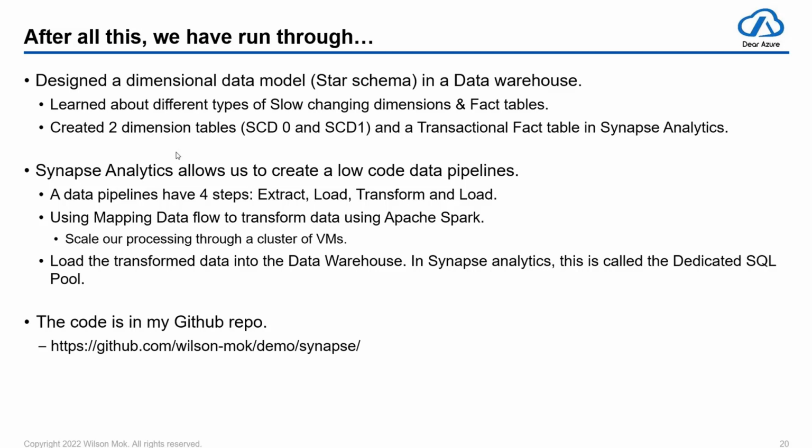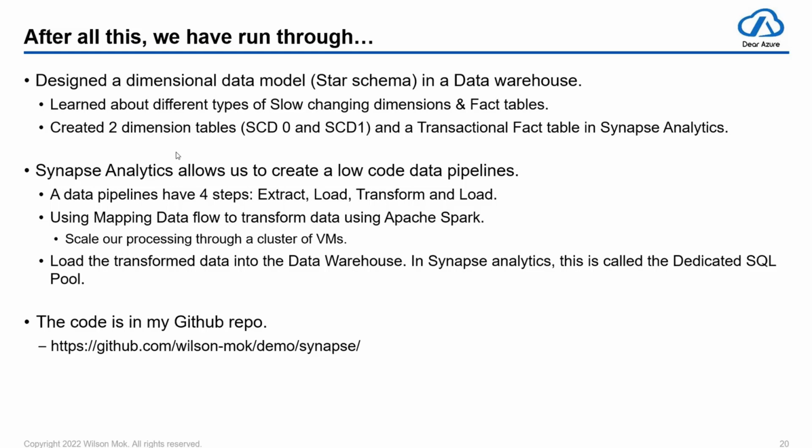inside Synapse Analytics. And we learned that Synapse Analytics allow us to create low-code data pipelines. We can do that through drag and drop, and we have 4 steps to build our data pipeline. We extract the data, we load them into a data lake, we transform them using mapping data flow with Spark, and then we loaded the data finally into the data warehouse.